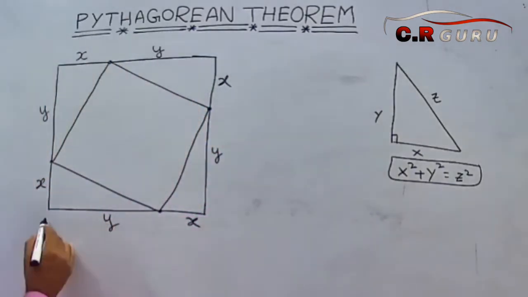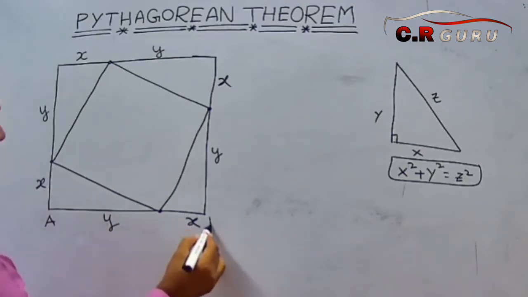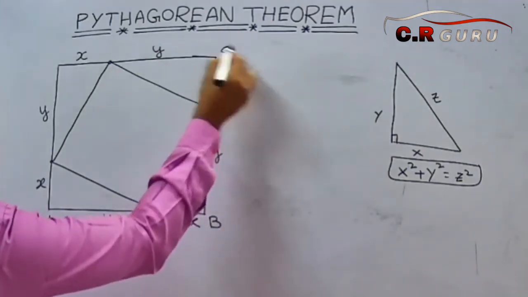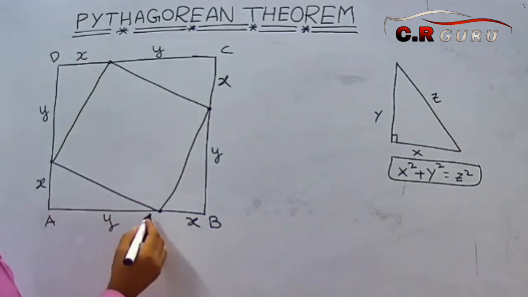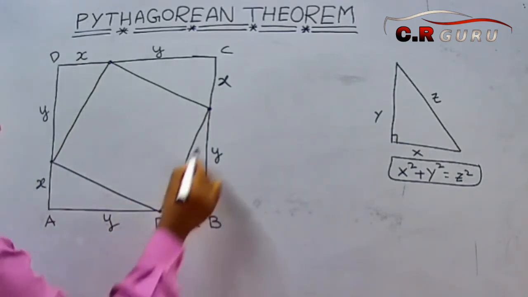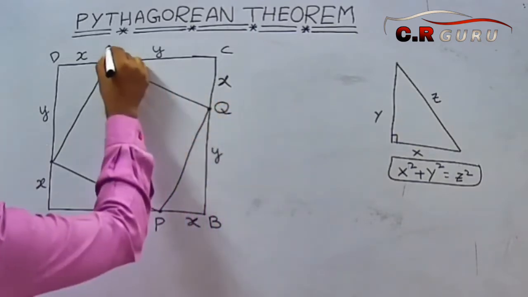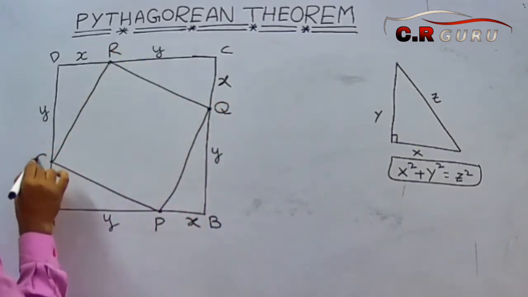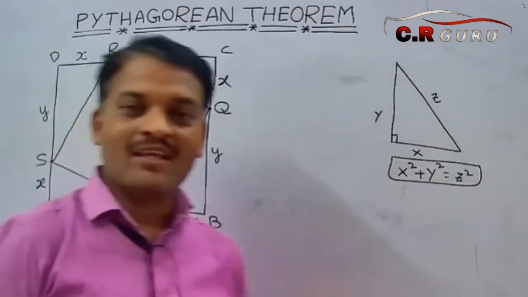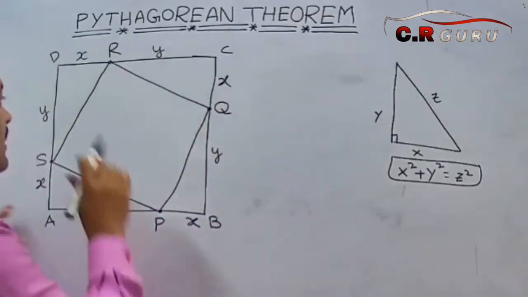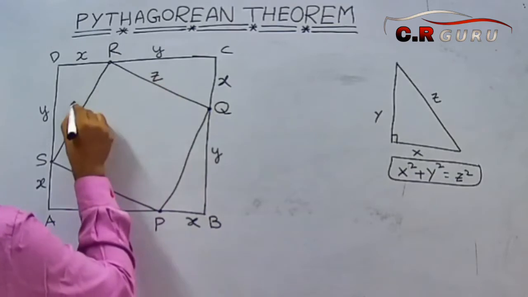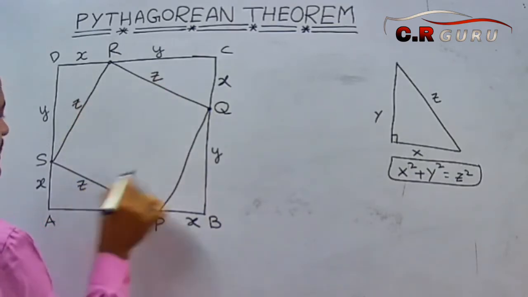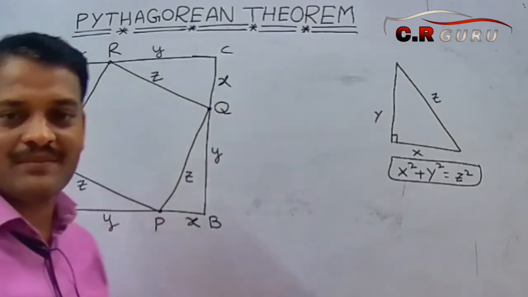The outside square is named ABCD, and the inside square is named PQRS. The side of the inside square I am taking as z. This length is z, this length is z, and this length also z only.